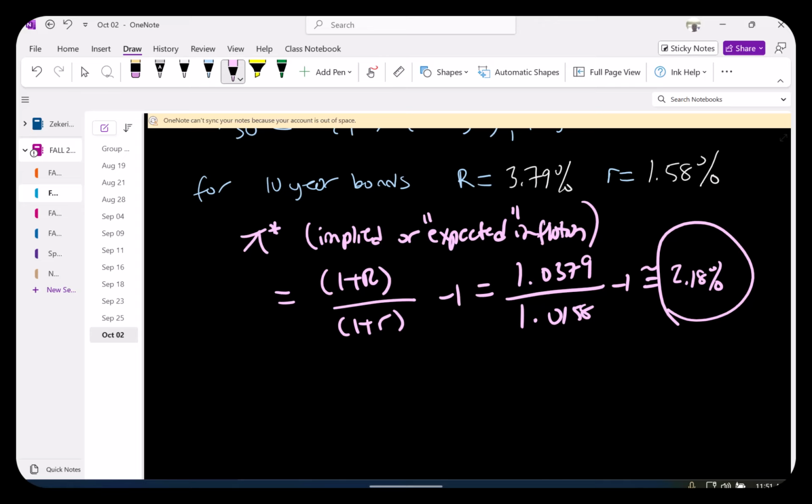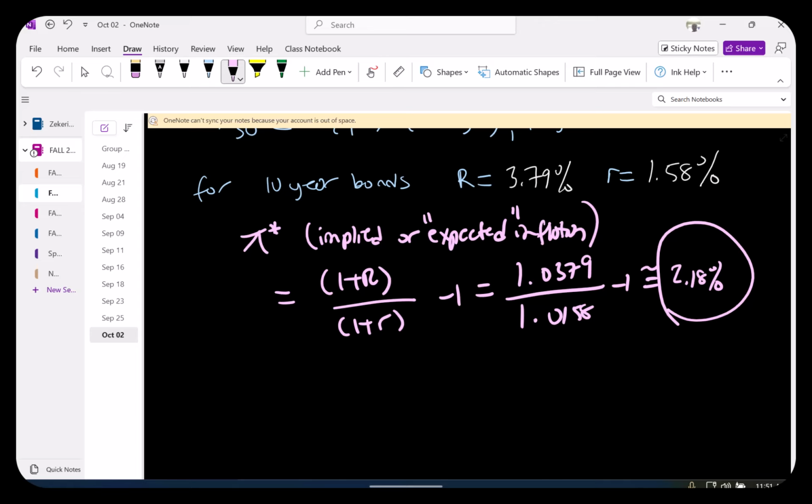If I buy the TIPS, that's going to yield in real terms 1.58. So if I expect 3% inflation, add that 3%, I'm going to get approximately 4.58. On the other hand, if I buy the nominal bonds, I'm going to get only 3.79. So it's kind of a no-brainer. In that case, I'm going to prefer the inflation-protected one.